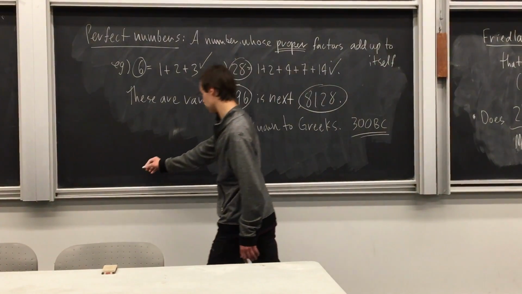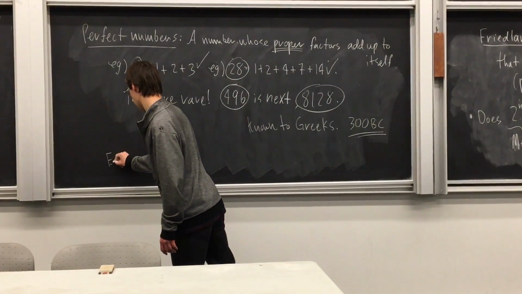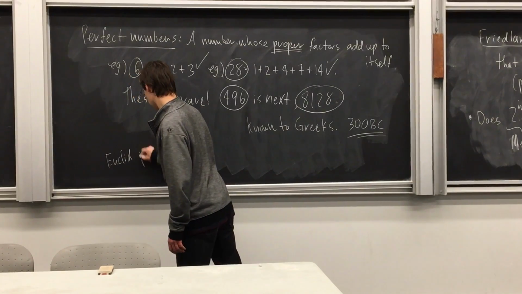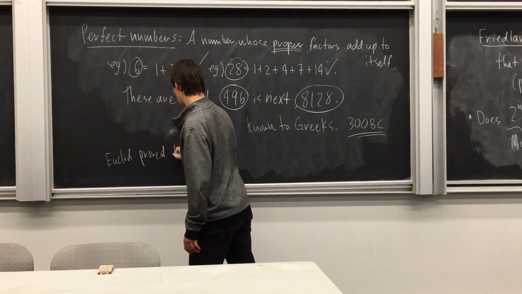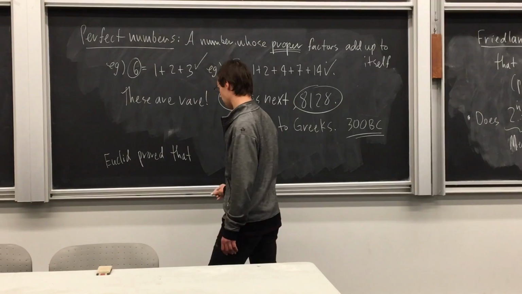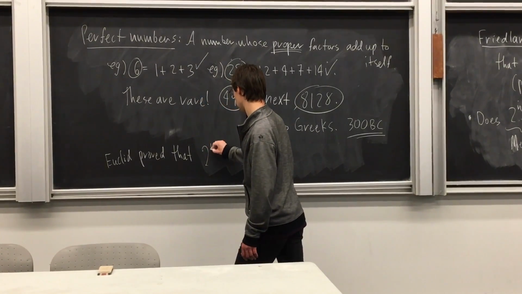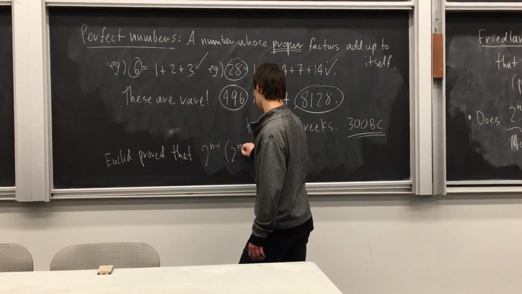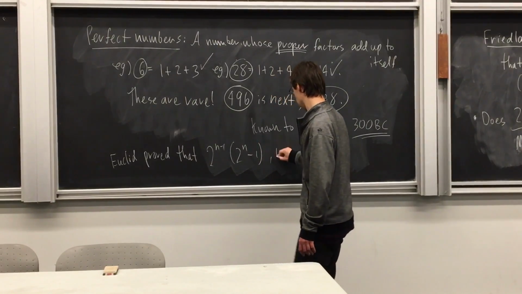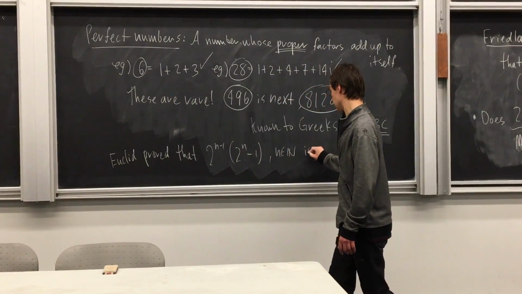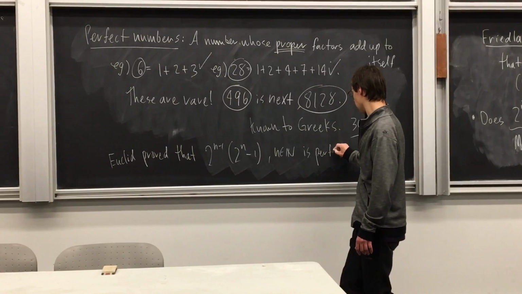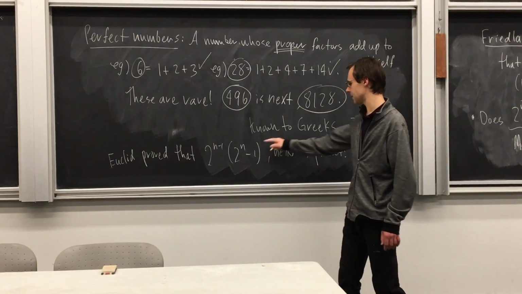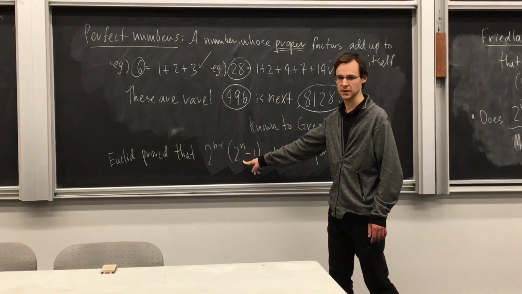So what did they prove? Euclid proved that a number that looks like this, 2 to the n minus 1 times (2 to the n minus 1), where n is a natural number, is perfect, but only when this number over here is a Mersenne prime.